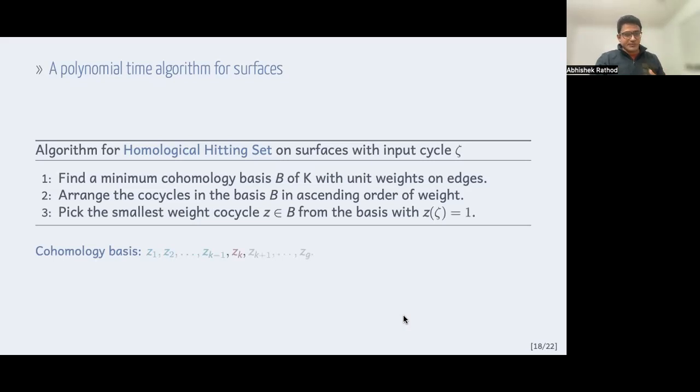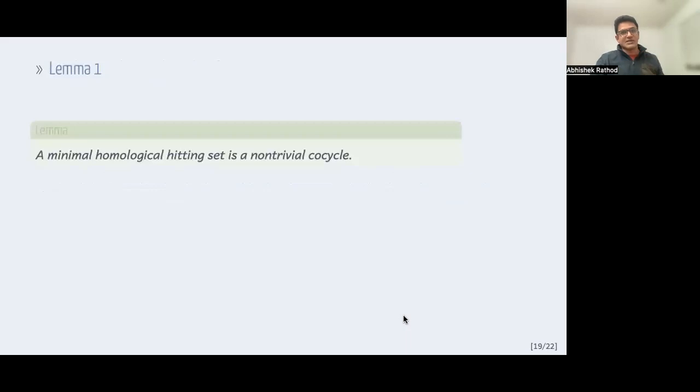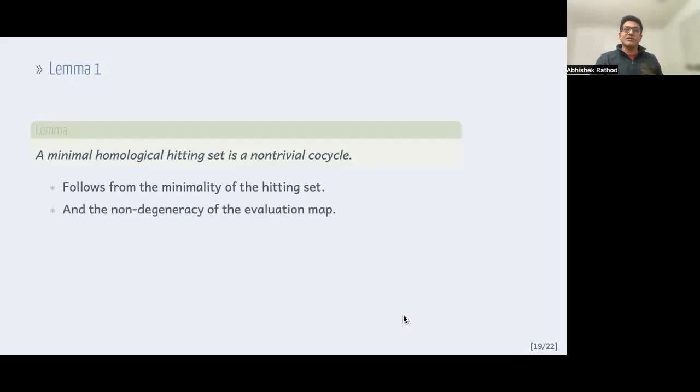So why does this work? It works because of some nice lemmas, and let me first describe these. The first structural lemma is that a minimum homological hitting set is always a non-trivial cocycle, and that follows from two facts. One is that you're assuming the hitting set to be minimal, and it also follows from the non-degeneracy of the evaluation map.